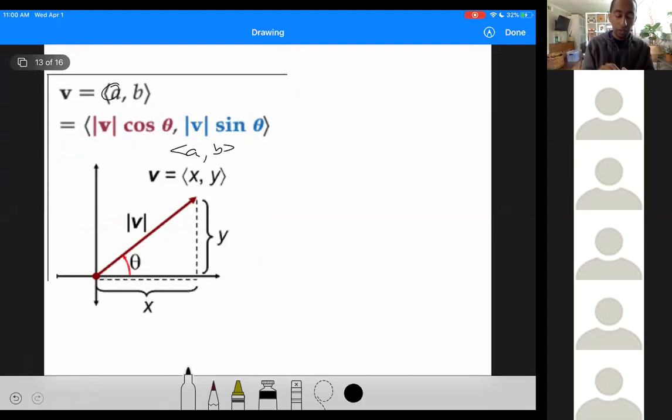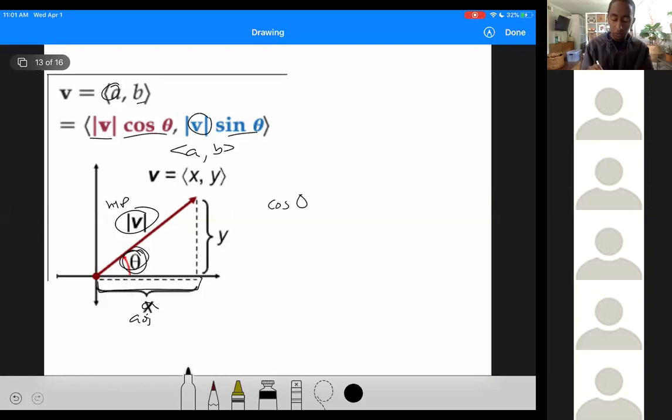And we're saying A is magnitude times cosine of the angle, B is magnitude times sine of the angle. So if you have this, which is your magnitude, and let's say you're trying to find this, which we're calling our A, okay? The formula that you would use for this is your adjacent, right? And this is your hypotenuse with respect to this angle. And the relation between adjacent and hypotenuse is cosine.